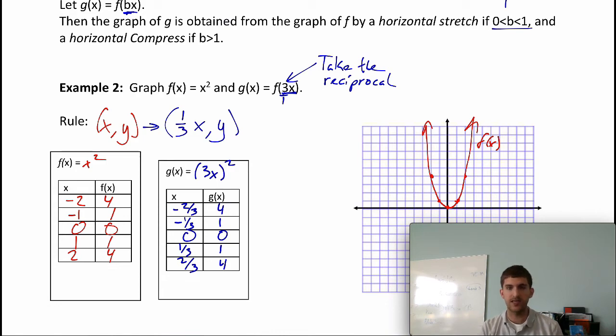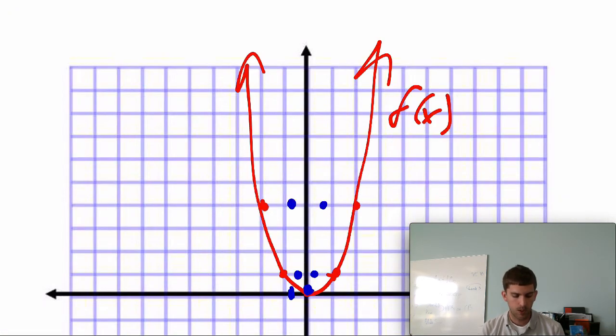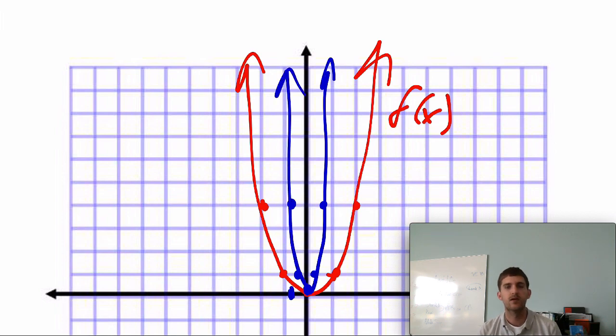Now we're not going to be able to get that exactly, but we're going to say it's about this far over. -2/3, and we're going to go up to 4, so we're going to have a point right there. -1/3, and let me just zoom in. -1/3, 1 is going to be right about there. 0, 0, 1/3, 1, and 2/3, 4. So this one's going to be a much, much narrower graph. It's 1/3 the width of the old graph.